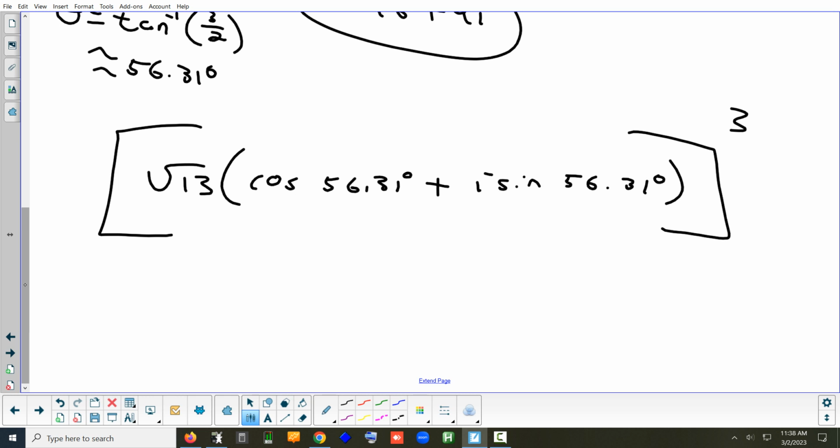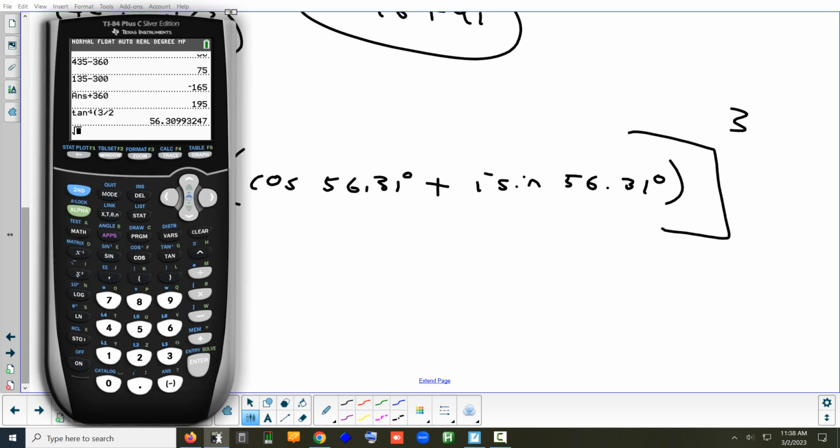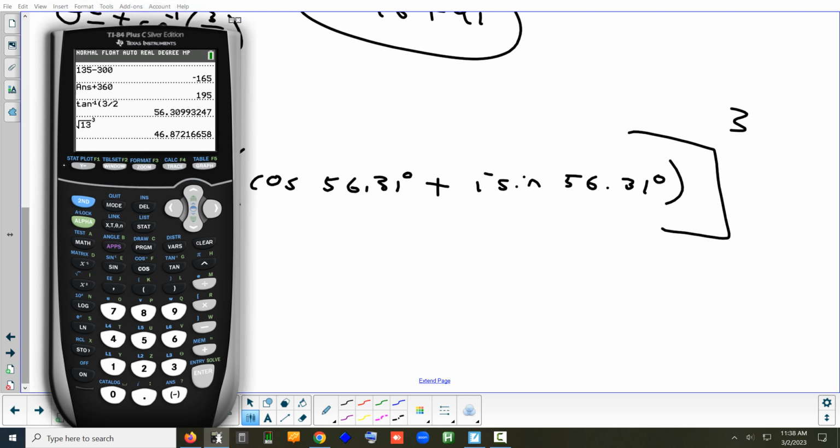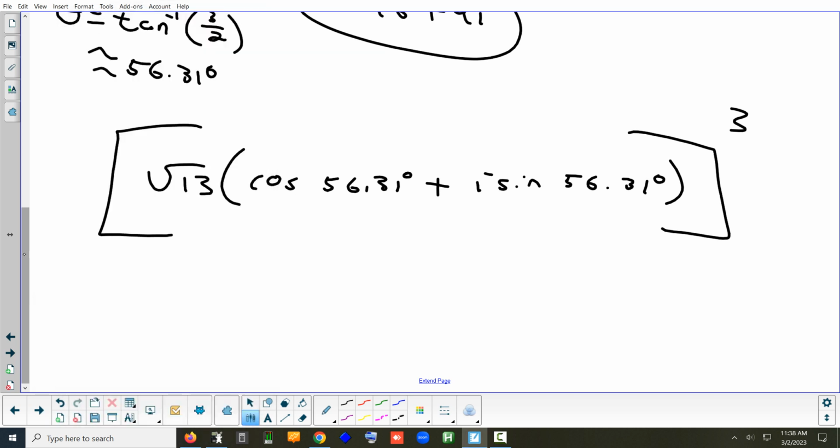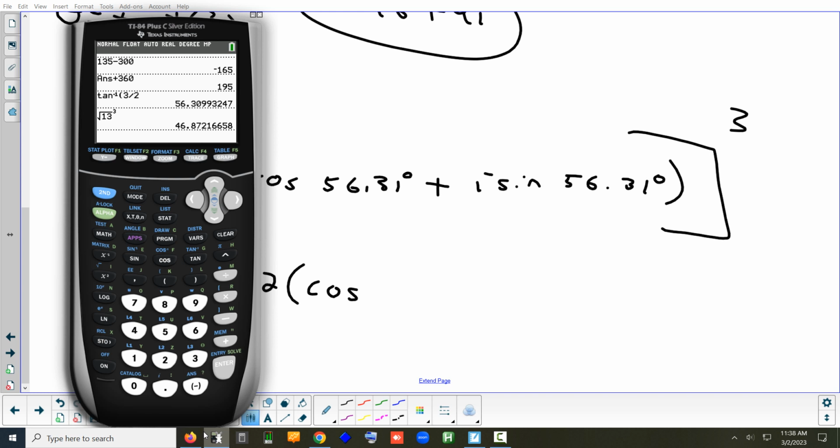So what am I supposed to do with my radius and my power? I was supposed to put the power up to the radius. Yep, so raise the radius to the power. Now this is not a nice answer, so we're going to use several decimal places. 46.872 times the cosine of, and what am I supposed to do with my angle and my power?